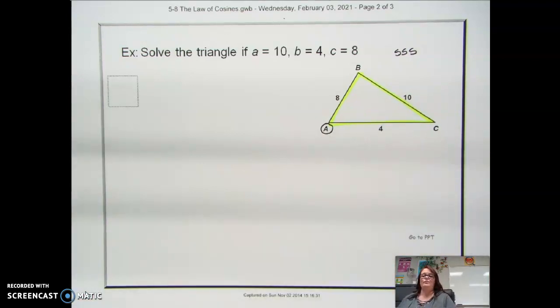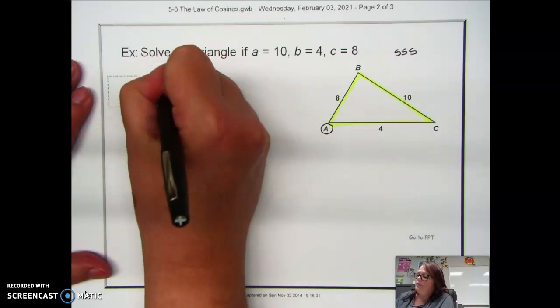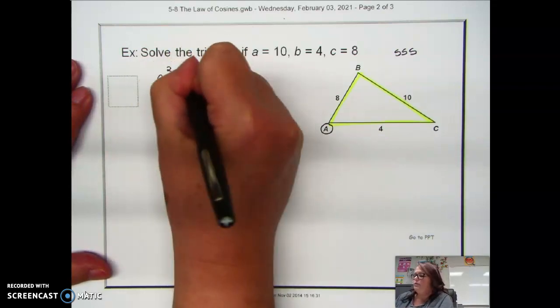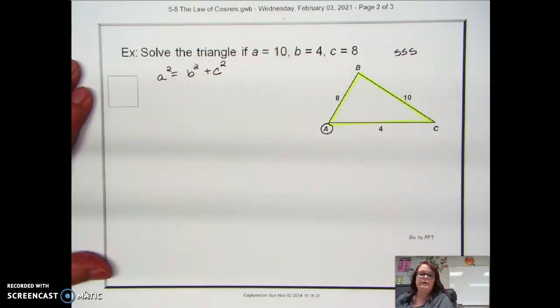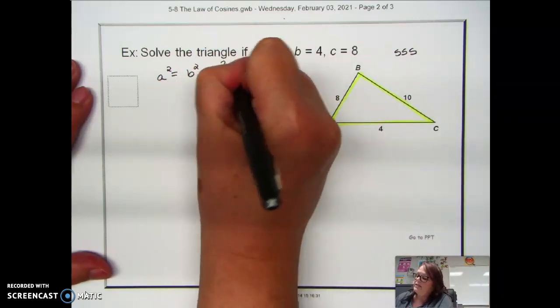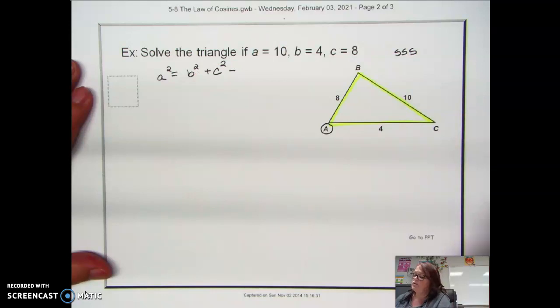So I'm going to find A first, because I know that cosine could give me that possibly obtuse angle. It doesn't mean it has to be obtuse, I'm just saying possibly. So I'm going to use the equation a squared is equal to b squared plus c squared. That's the Pythagorean theorem part, but we need to make an adjustment because we don't necessarily have a right triangle.